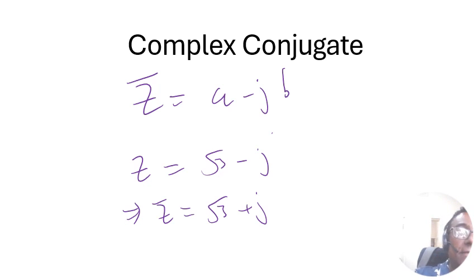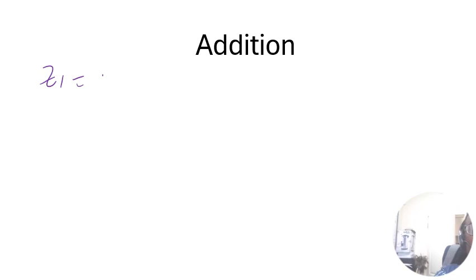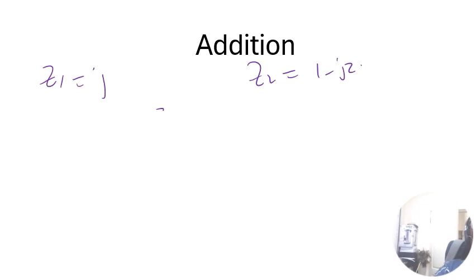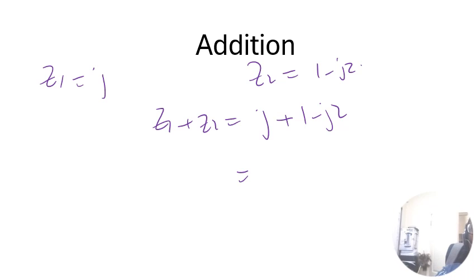Okay, great. Complex numbers can be added. Yes, so we got two complex numbers, and I think we've already said something like z1 is equal to j. Keep it simple. z2 is 1 minus j times 2. What is z1 plus z2? Right, so that's going to be j, write it out, minus j times 2. So the real part here, that's just the 1, right?